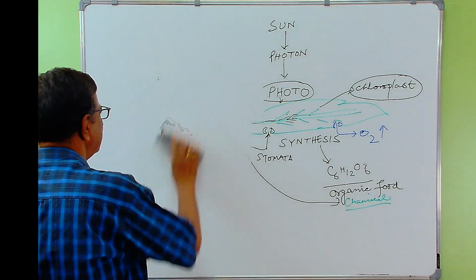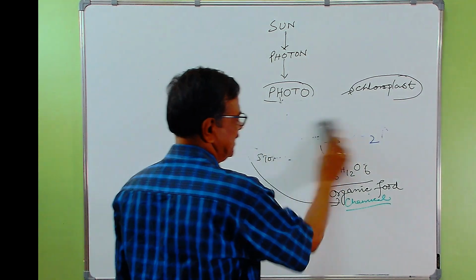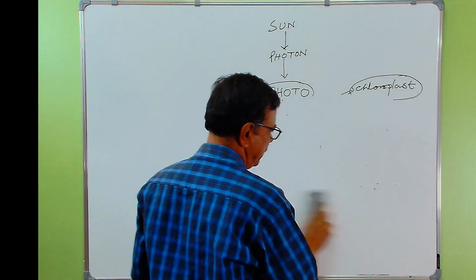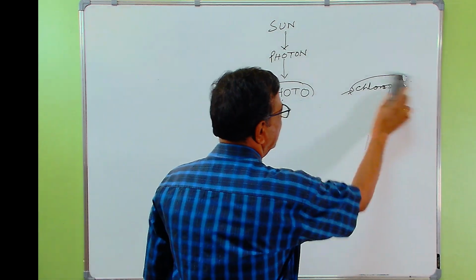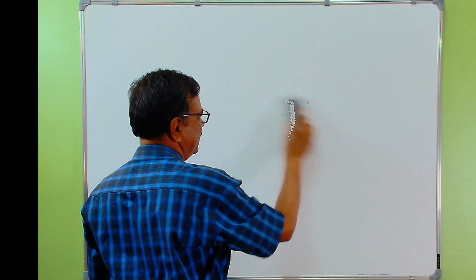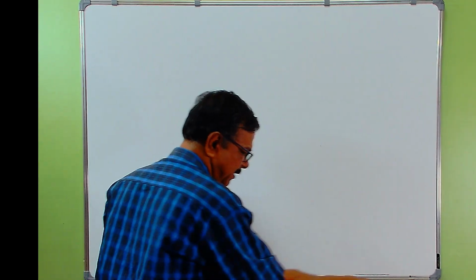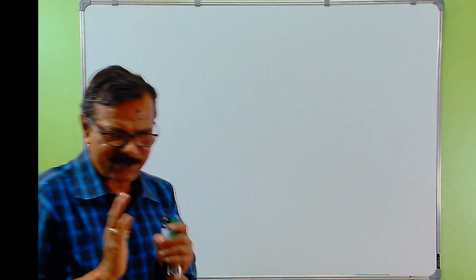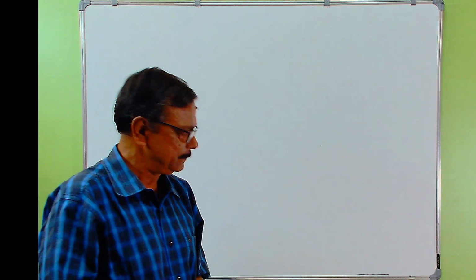As simple as that, what we are saying is that photosynthesis is a very simple chapter, but the more and more we enter into the chapter, we will see what goes in.